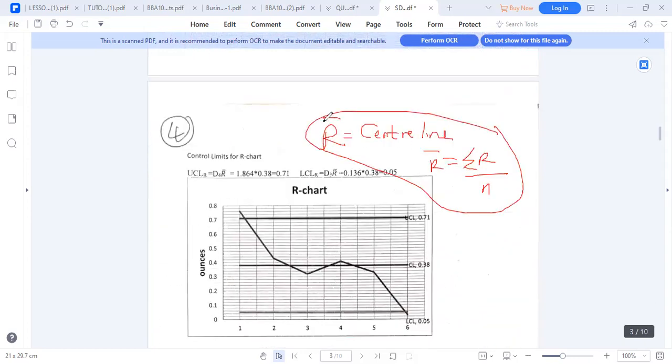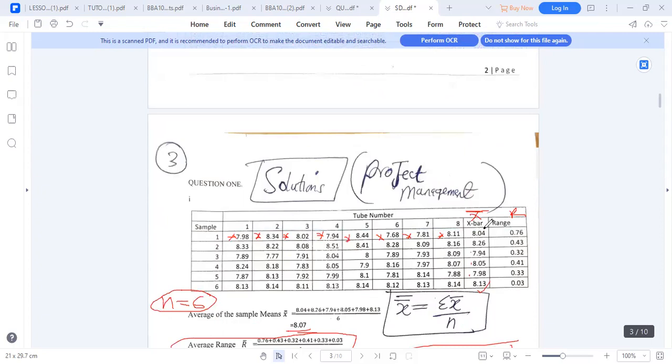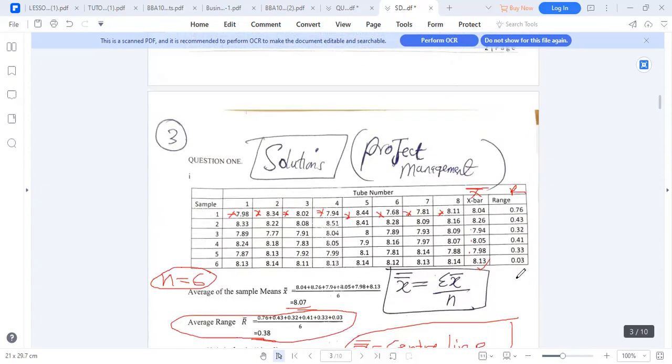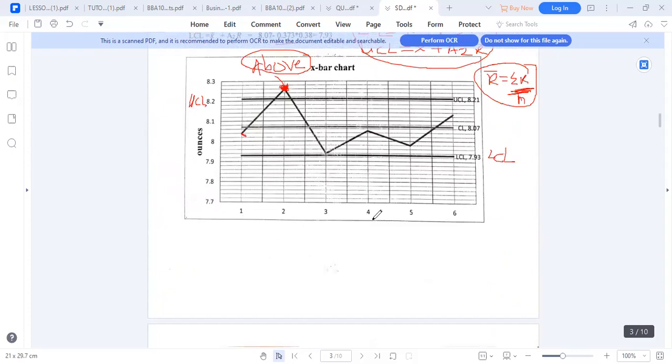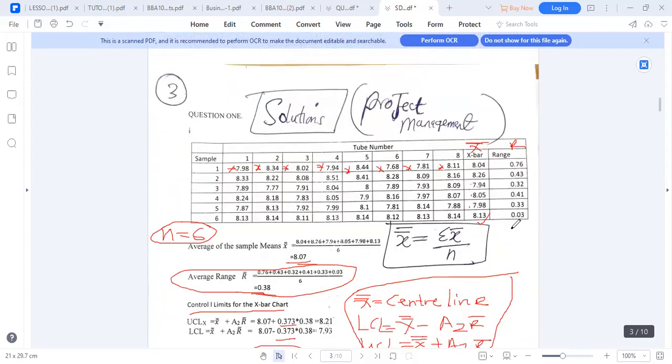All right, then we'll get down to the R chart. So this is our R chart. For this R chart, we plot using the data here, the ranges. For sample 1, the range was 0.76, 0.43, and so on for each sample. So for sample 6, we are getting the ranges. The first one is 0.76. If one of them is above the upper control limit or below the lower control limit, then the process is actually not in control.